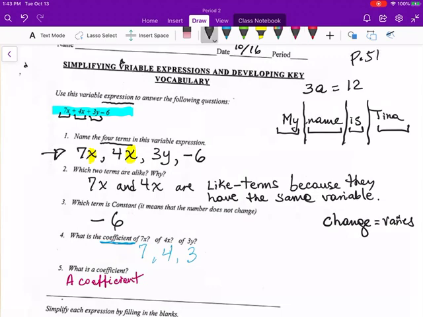This is page 51 on your packet. All right, so hopefully you had enough time to copy that.